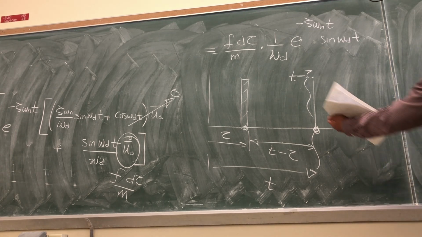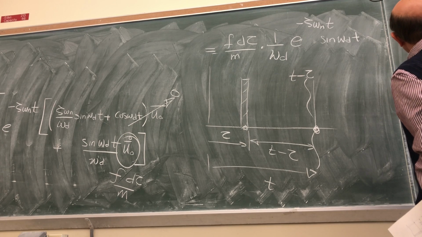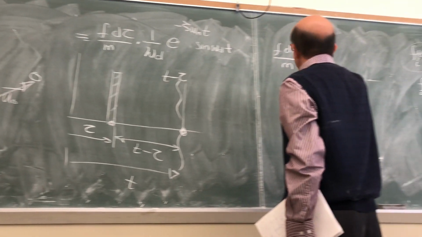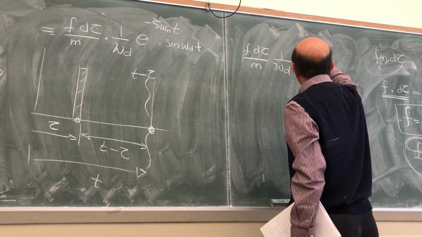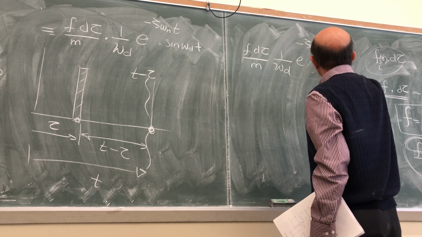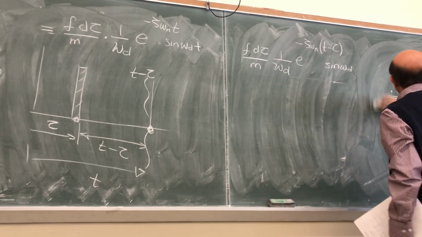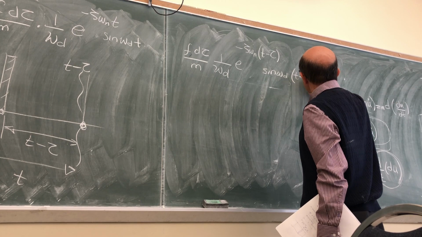The response then at that point would be F d tau over m, 1 over omega d, e to the minus zeta omega n (t minus tau), sine omega d (t minus tau).